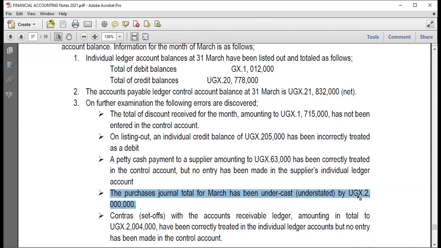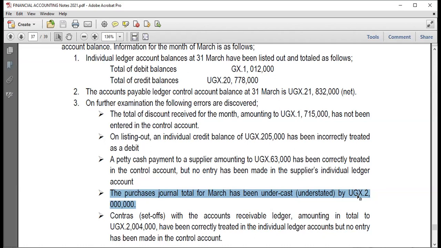So ours is to ask ourselves, what do we exactly do with this? Understand that the purchases journal being understated will definitely have an effect on your accounts payable control account.